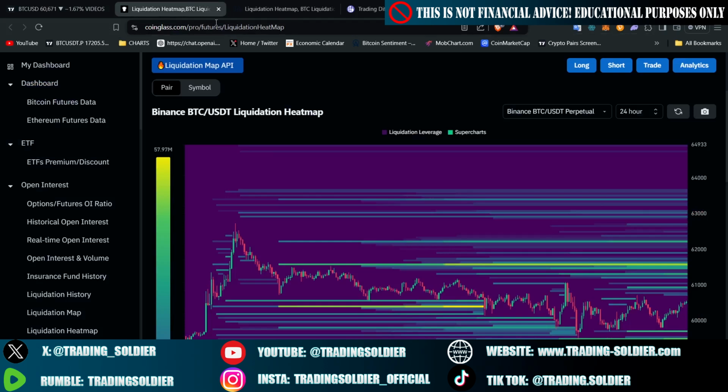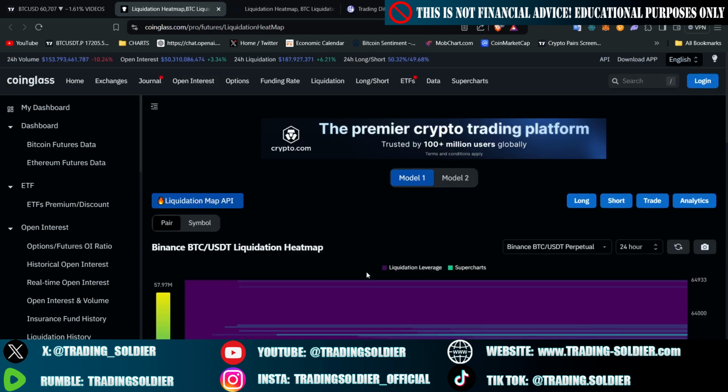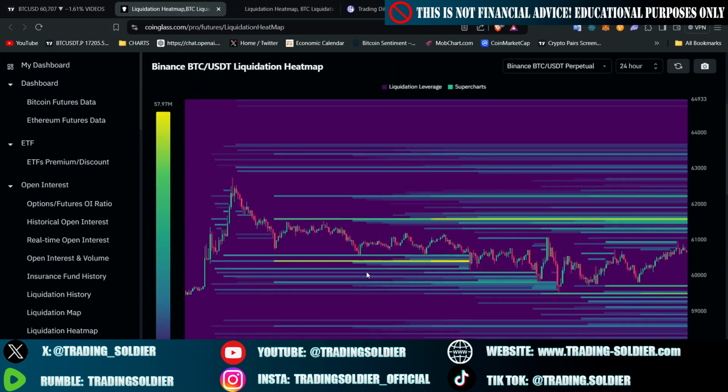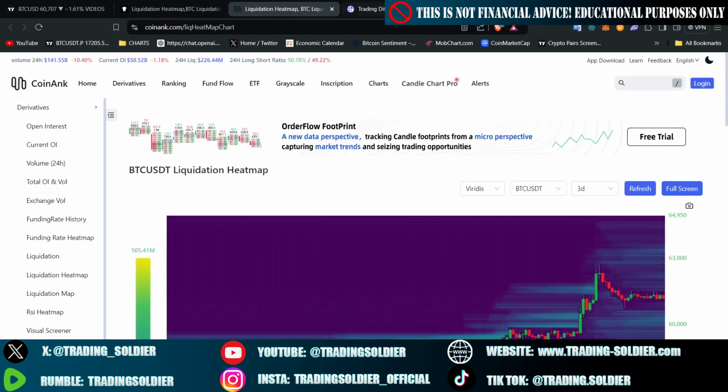You just need to go to Google and search for Liquidation Heatmap CoinGlass, these three keywords, and it will pop up. This exact chart is completely free. I'm not subscribed, I'm not logged in. You can see that I'm logged out of CoinGlass, so I'm not a client of CoinGlass. And it's the same for Coinank and Trading Different.